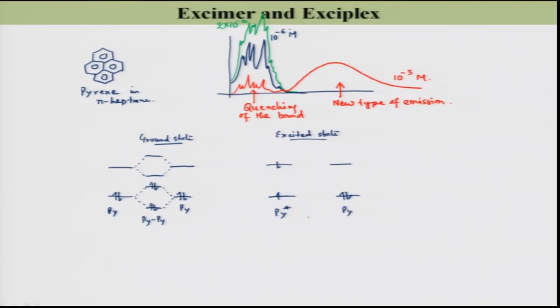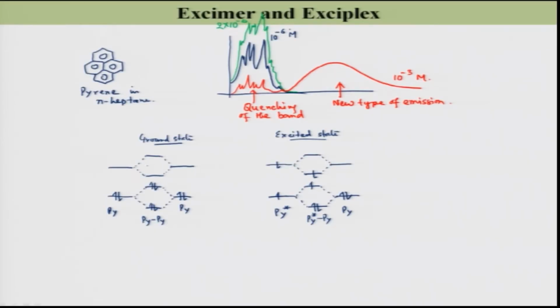So if I now consider one pyrene in the excited state and another in the ground state, then in the mixed orbitals, 2 electrons will come here and 1 electron will go there, and in this case 1 electron will come here.